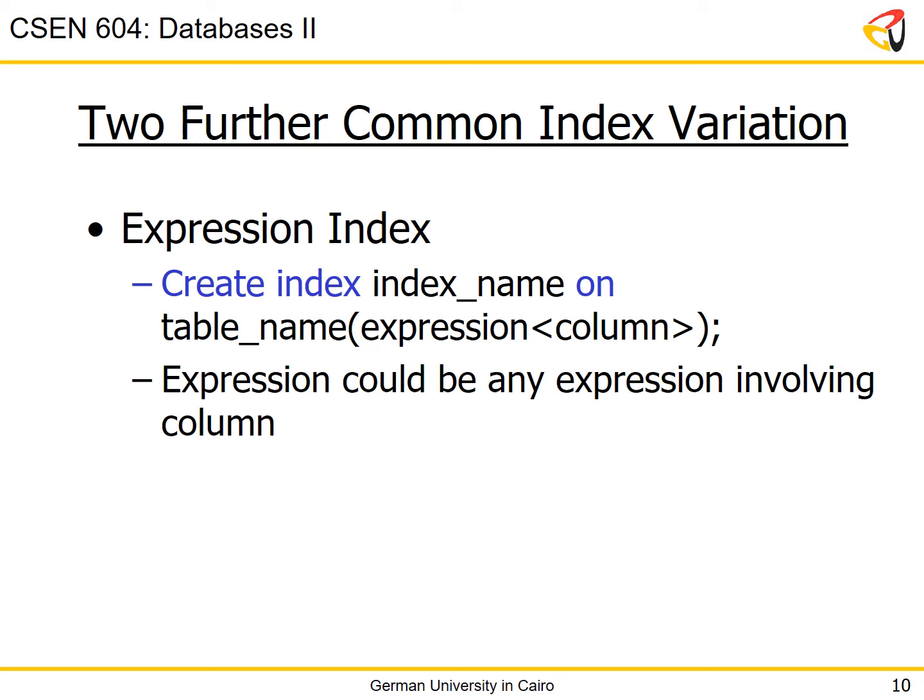You say create index, you give it a name, on a specific table, and you insert an expression on a specific column. Here, the word expression refers to any expression you could write in the SQL language. Okay? Any expression that takes a column value as input and returns some output, regardless of what that is, or what type that is.